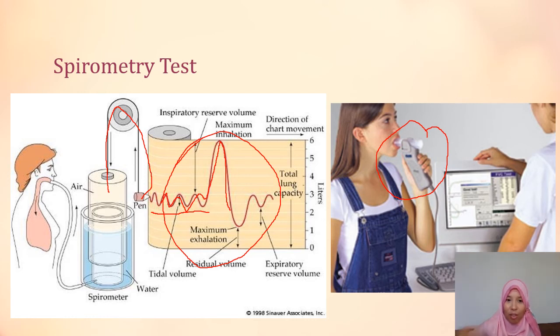You can just roll back this video and look back at it. But this is the test that does this, and it will give you this graph that tells you your TV, your IRV, your ERV, and so on and so forth. And from your lung volumes, you can calculate your lung capacities by adding up a few volumes. You get lung capacities.